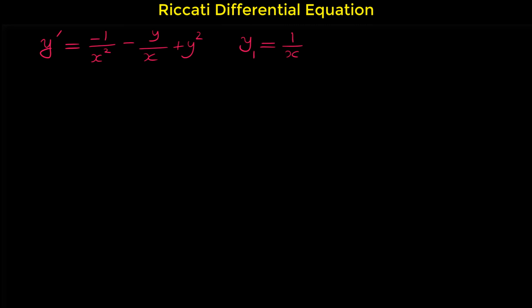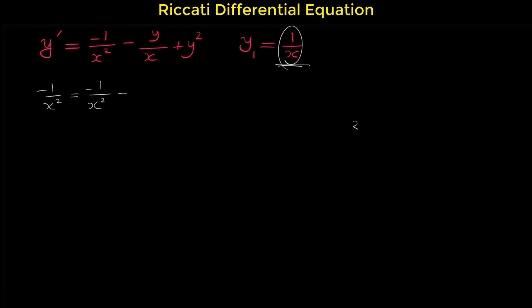Before we start, let me show you why 1 over x is a particular solution. This is a good exercise to do here. y prime, the derivative of this, is -1 over x squared. It should be equal to -1 over x squared minus y over x. If we divide this y by x, we have 1 over x divided by x, which equals 1 over x squared.